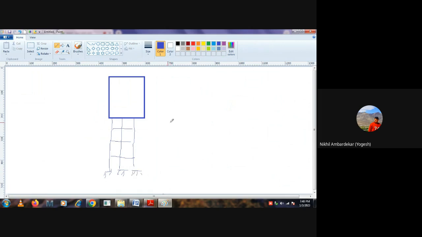So this is our tank, and this is the earthquake force.